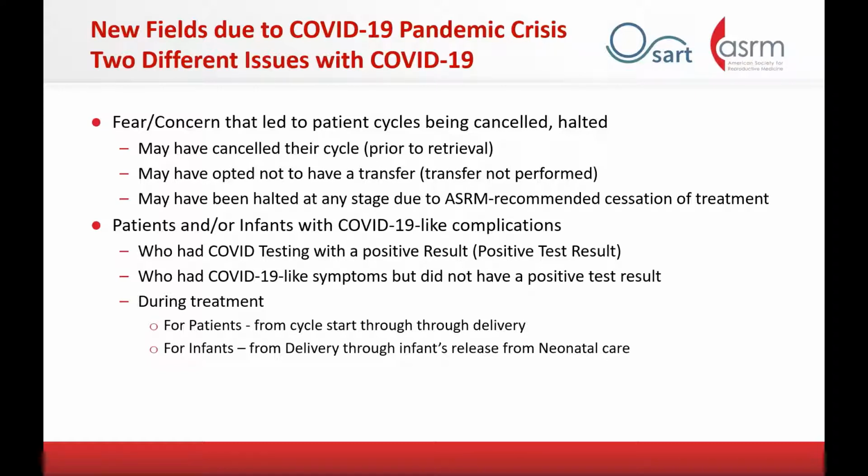We want to know if patients came down with symptoms or with positive testing while they were pregnant. And it also is reportable for infants from their delivery until the infant's release from neonatal care. We don't want to know if they got the virus when they were 6 months old. We only want to know if it was something that occurred basically in utero.